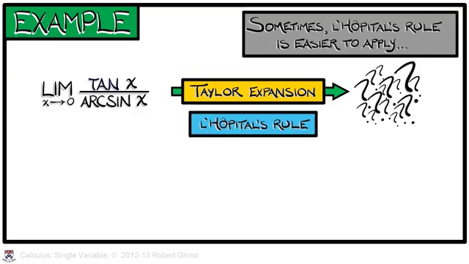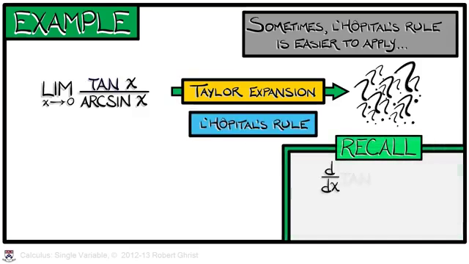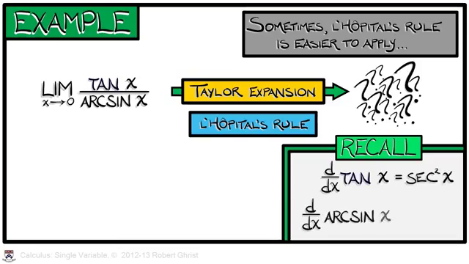If we try to differentiate, well, that's going to take a little bit of recollection. You may or may not remember that the derivative of tangent is the secant squared. You may or may not remember that the derivative of arcsine is 1 minus x squared to the negative 1/2 power.